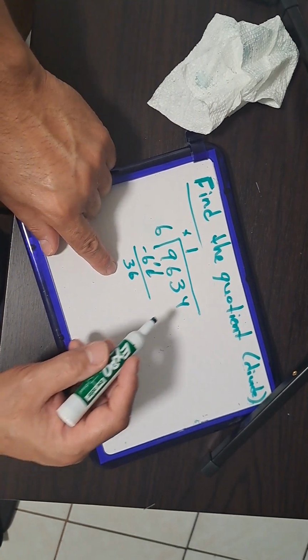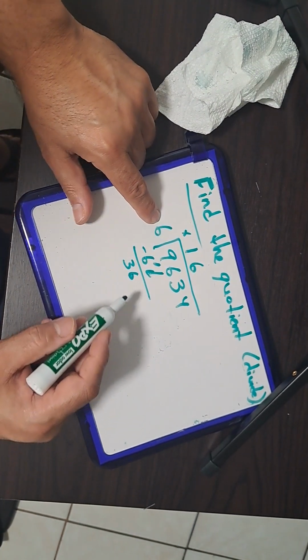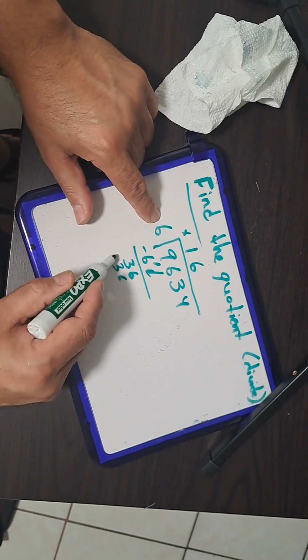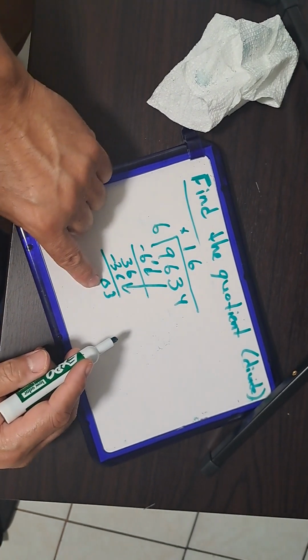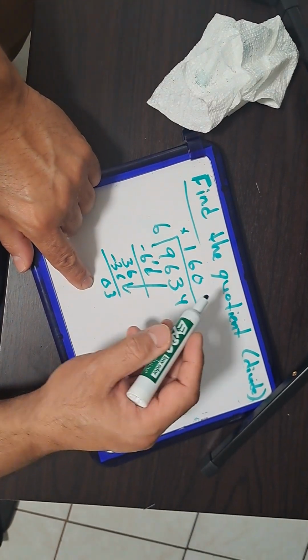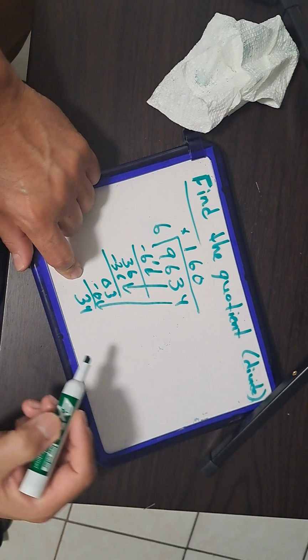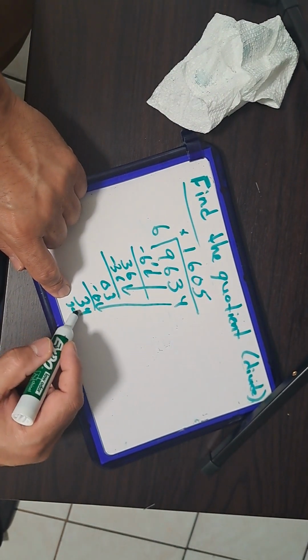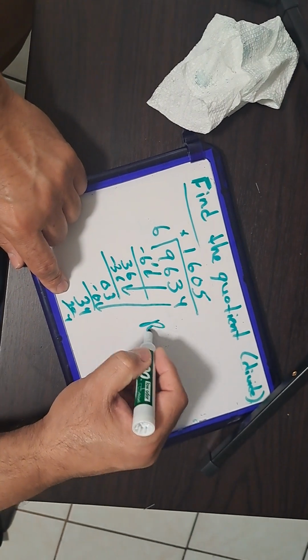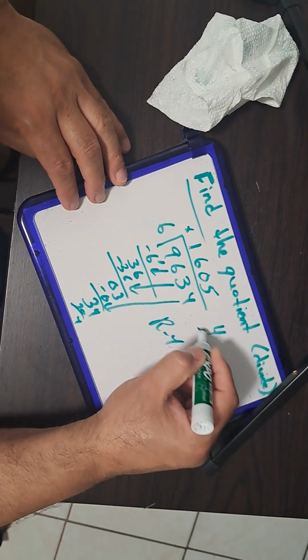So 6 into 36 will be 6 times. 6 times 6, that's 36. Now 6 into 3, it doesn't fit, so I'll add that 0. Pull down the last number, 6 into 34, will be 5 times. You got 30, and you got a remainder of 4. And if they ask you to do it in fraction, that will be 4 over 6.